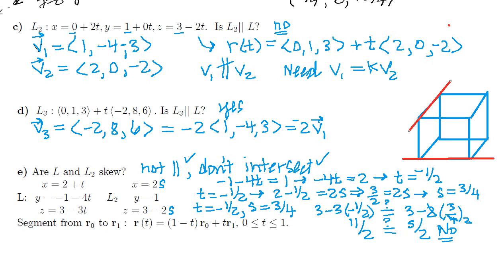Those two lines are skew. They are not parallel to each other, and they do not intersect. If I drop that one down, they'd be perpendicular. But since there's some height between them, they are not perpendicular, not parallel, and don't intersect. So these are skew lines.